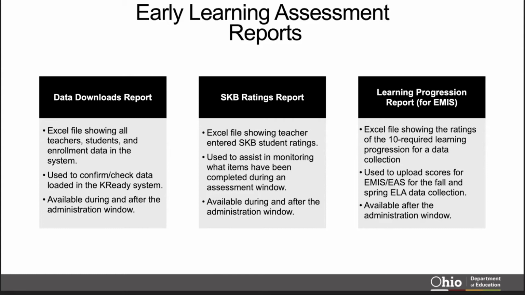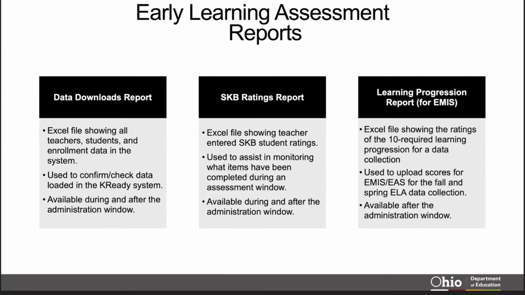The SKB ratings report, again, is an Excel file, and it's going to show all the student scores and ratings that have been entered by the teachers for each of the SKBs. When I say each, I mean all 72. If you're doing only the learning progressions, you're going to have some blank spots because you're only required to do those 24 learning progressions, or 24 SKBs.